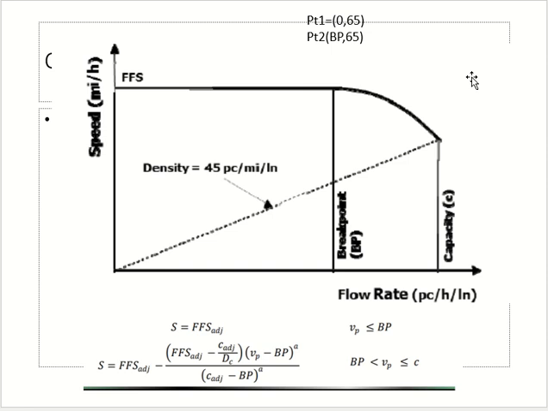Okay, now what do I need here? VP. VP is flow rate. Where is flow rate in the graph? X-axis. Now I'm trying to find out the speed at which point? My VP equals what here?